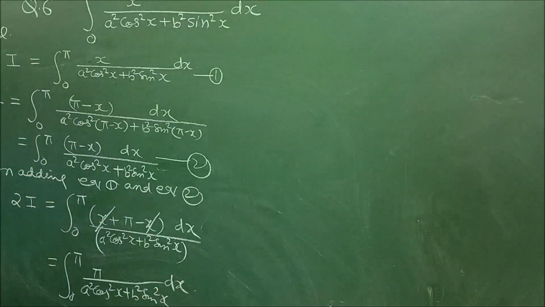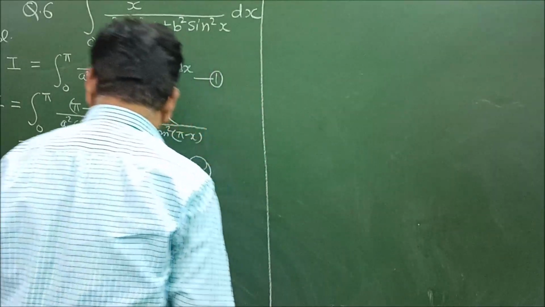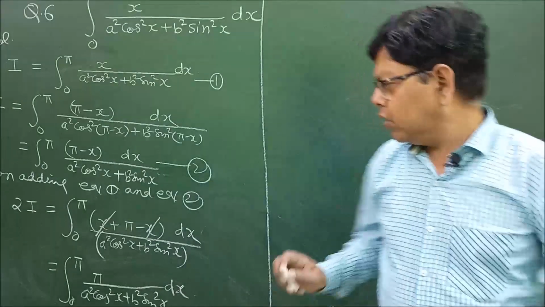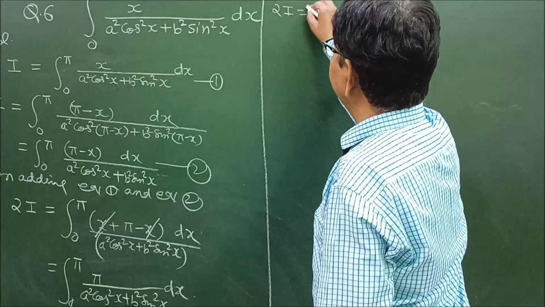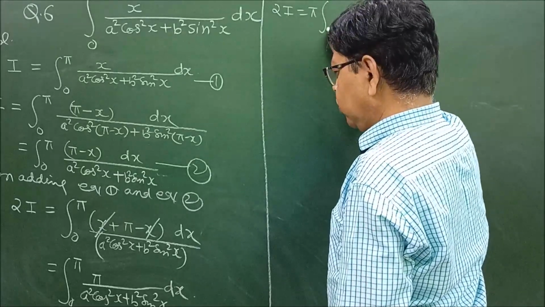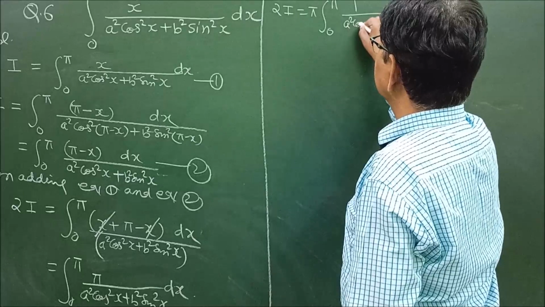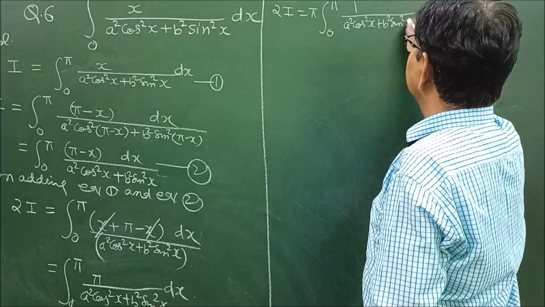Now pi is a constant, so it can be taken out of the integral. If we take pi common, then 2I is equal to pi, outside, times the integral from 0 to pi of 1 upon a square cos square x plus b square sin square x dx.